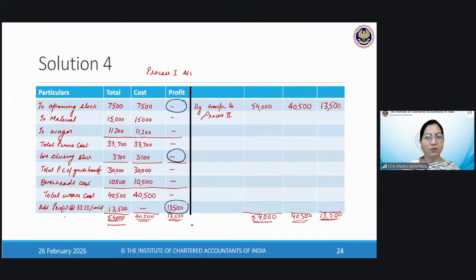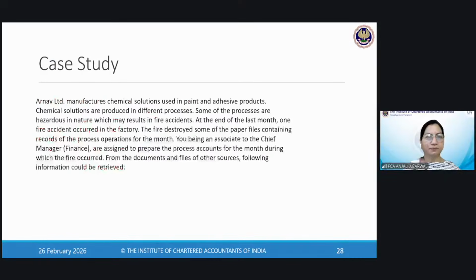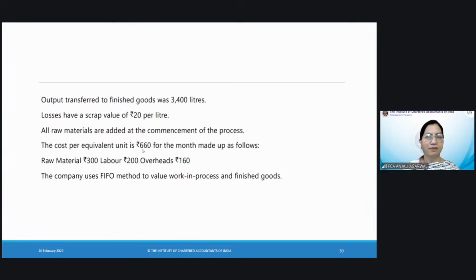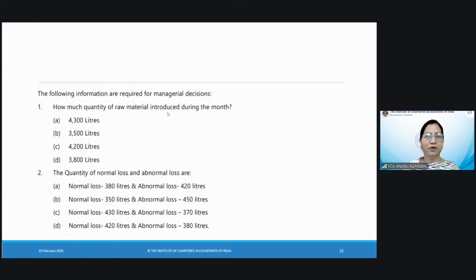I wanted to also discuss this case study. This is given in your books only, so please try to do it. It is a question based on equivalent production, and you will have questions like how much quantity of raw material was introduced during the month? How much was the normal loss and abnormal loss?